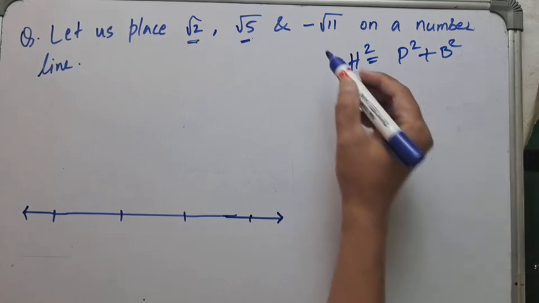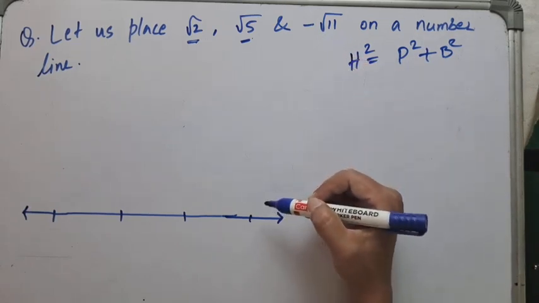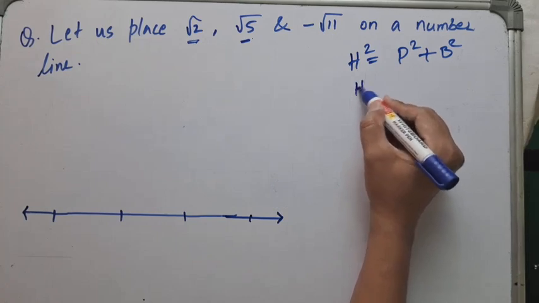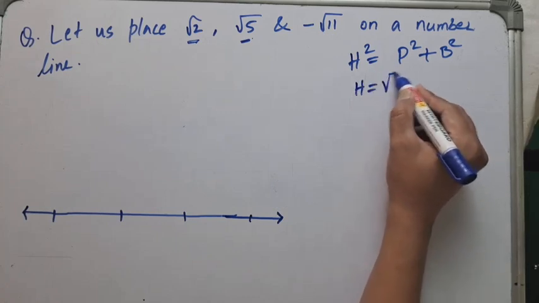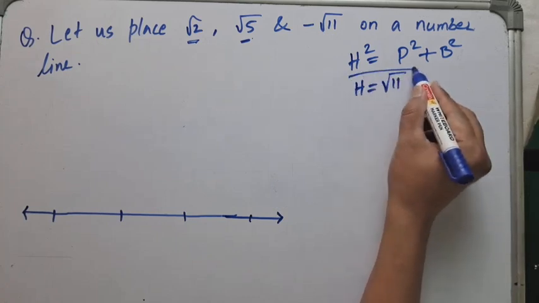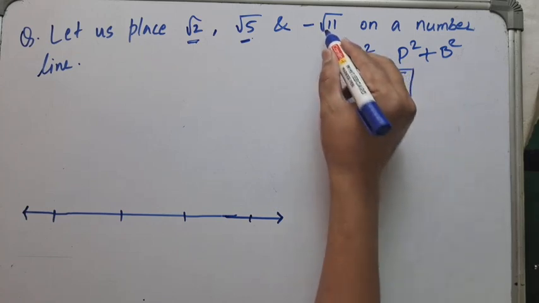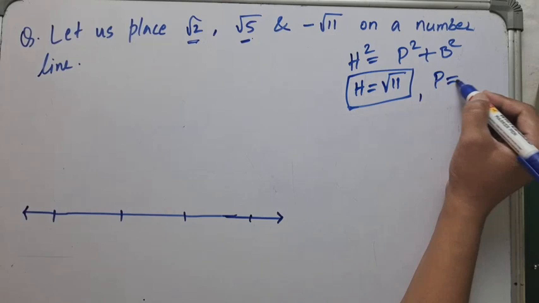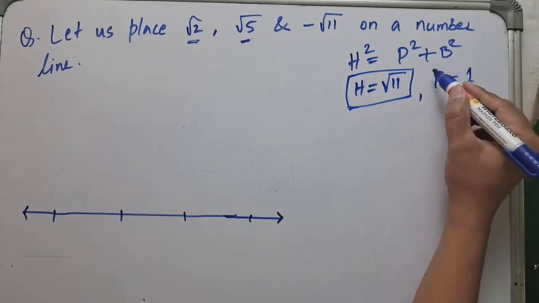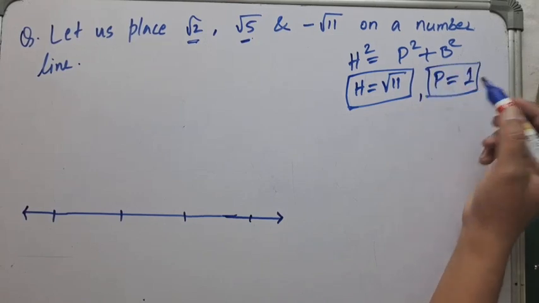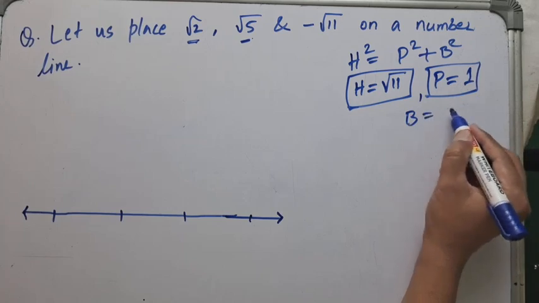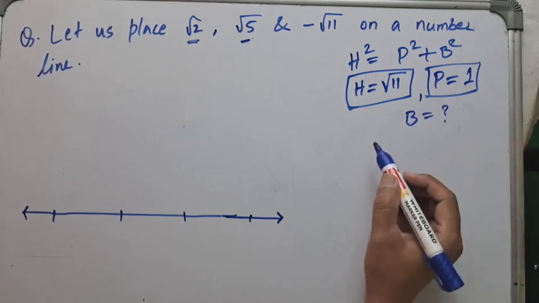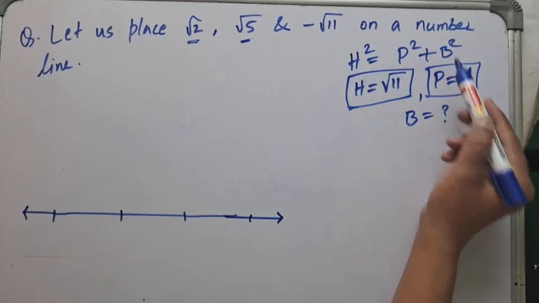To place root 11 on this number line, we should have hypotenuse equal to root 11, because we are placing root 11. Perpendicular should always be equal to 1. Our main task is to find the base, so applying Pythagoras theorem, we find the base.